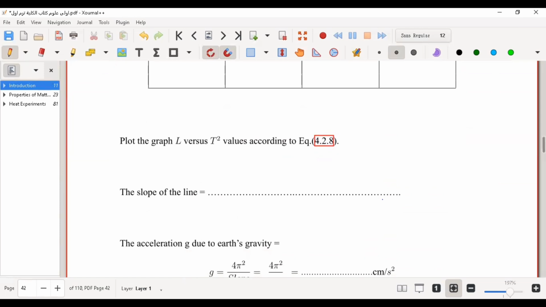So we will plot a relation between L in centimeters and T squared in second squared.